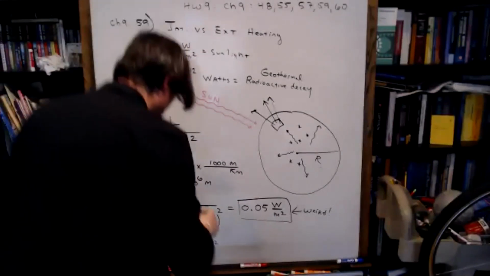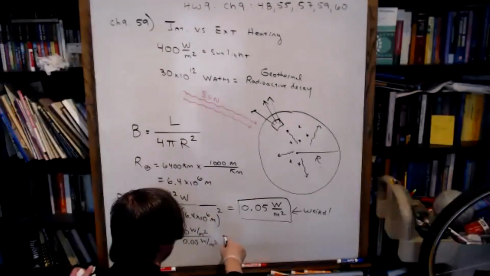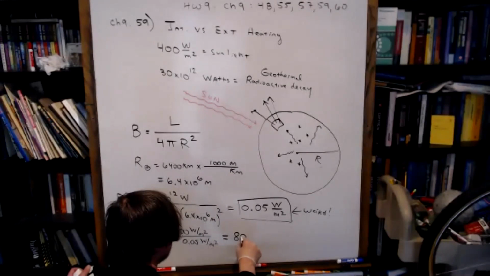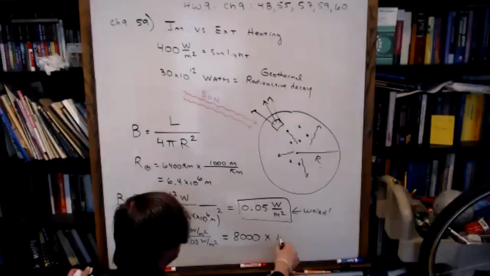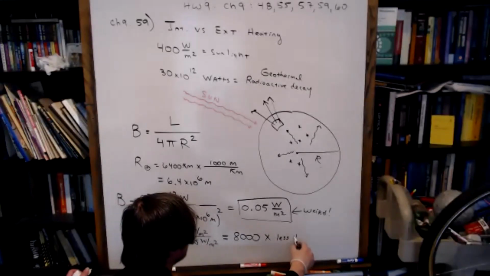And what's the meaning of that 8,000? 8,000 times smaller. Less than the sun.